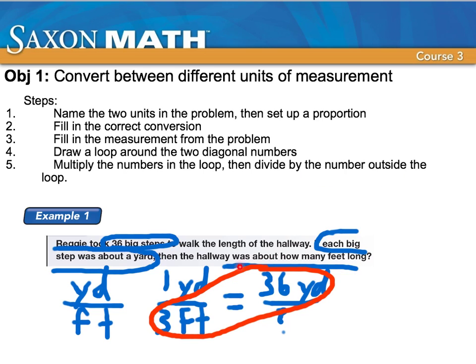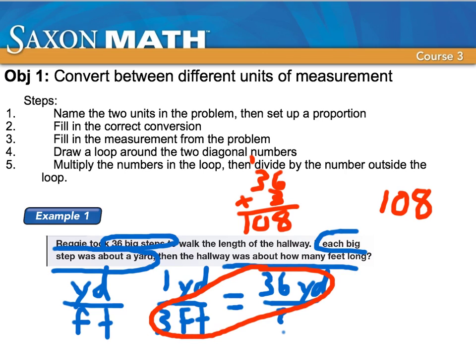So I'm going to multiply 36 times 3. Well, 6 times 3 is 18, and I carry my 1. 3 times 3 is 9, plus 1 is 10. That's 108. Then I have to divide by the number outside the loop. So I'm going to take 108 and divide it by 1. And 108 divided by 1 is just 108.